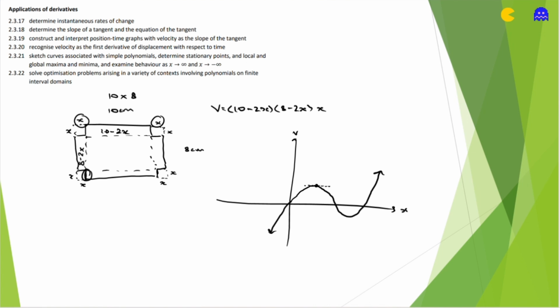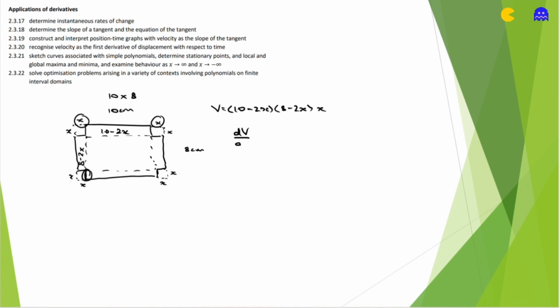Alright, so if we differentiate our volume function with respect to x, we get dv/dx. Because we use the power rule, the first thing we need to do is expand this. Expanding, we get 80 minus 20x minus 16x plus 4x squared, multiplied by x, which is equal to 80x take 36x squared plus 4x cubed.